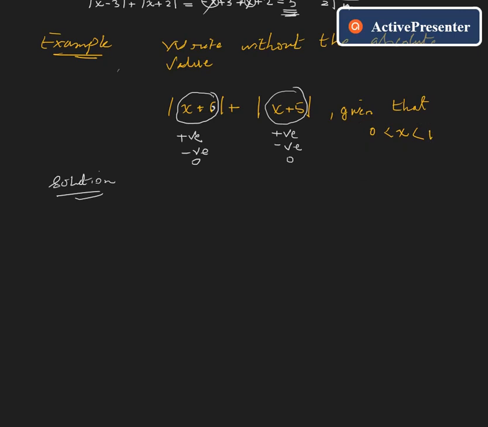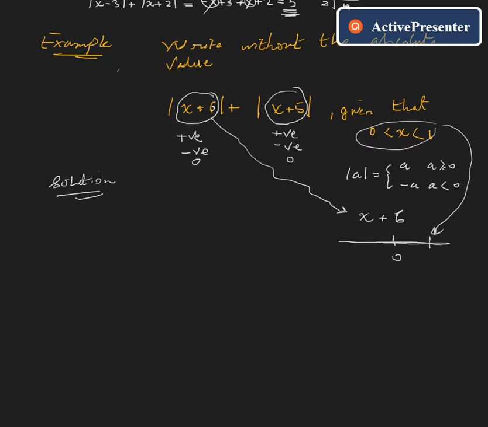Why is that? Because we know that the absolute value can have two different values. It can have a if a is greater than or equal to 0, or negative a if a is less than 0. Therefore, to check whether x plus 6 is positive or negative, in here we have 0 and we have 1, both open.